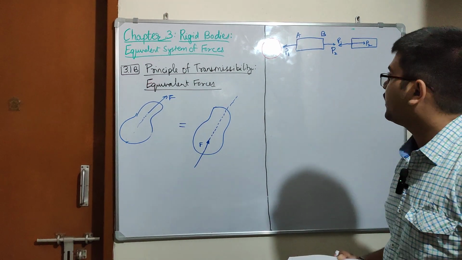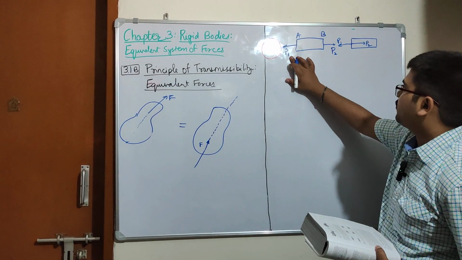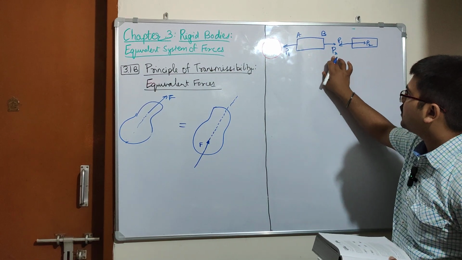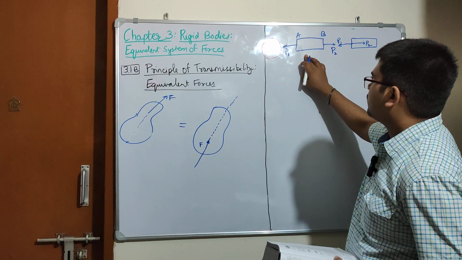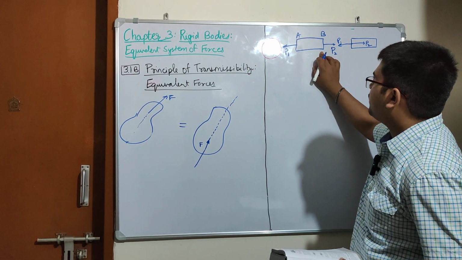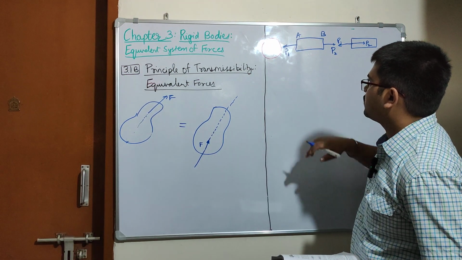Why? Because in this situation, the P1 and P2 are in tension, making the body AB in tension.